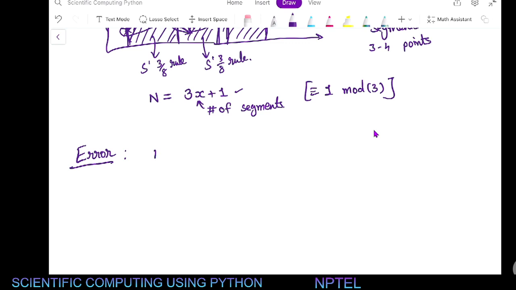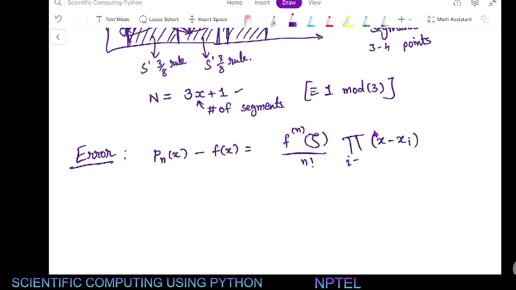So we know for Pn(x) minus f(x) was f^(n)(zeta) over n factorial times product over (x minus xi), i is from 0 to n. Okay, n minus 1 if we are starting from 0. Okay, so this was error at point x.